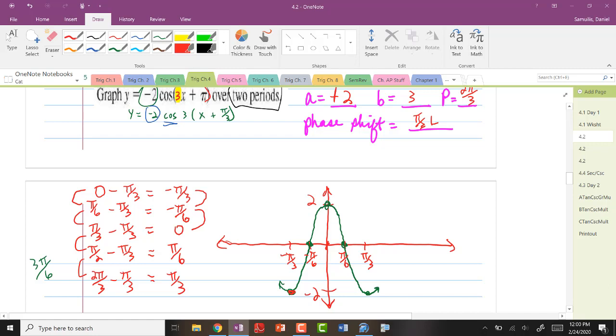But you know what's funny? If you started here and then continued this graph, what does that look like that I just did in yellow? A regular cosine kid. Isn't that wild? It's because I shifted it. I could create a new equation that's unshifted that actually has the exact same graph.